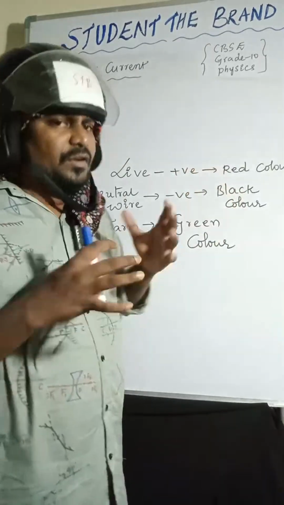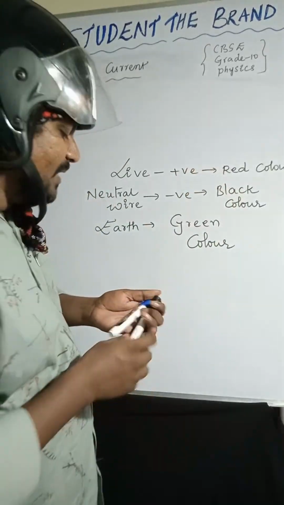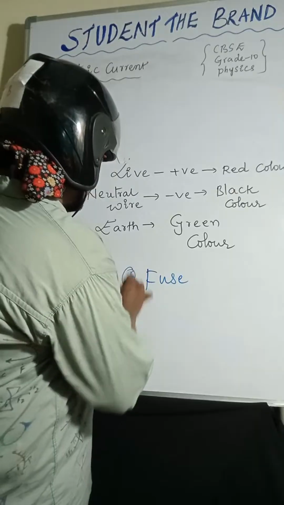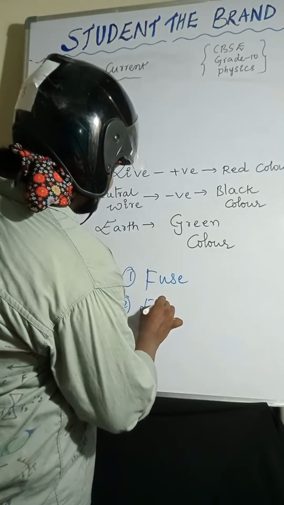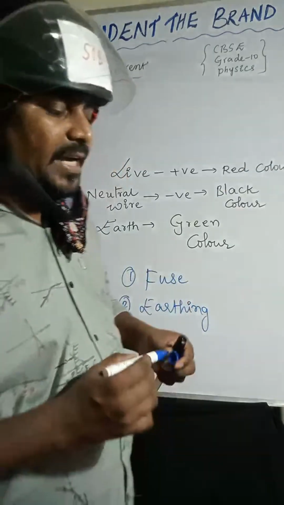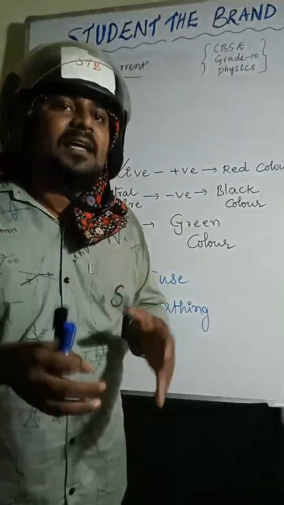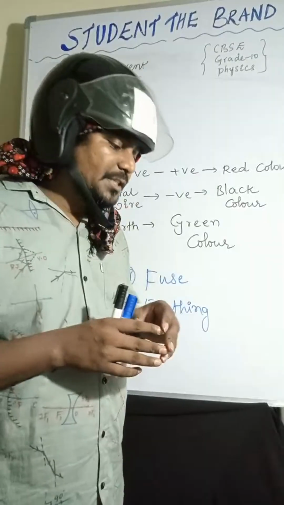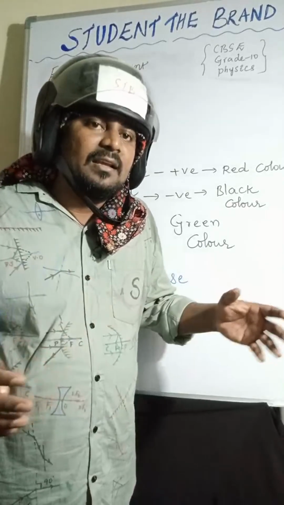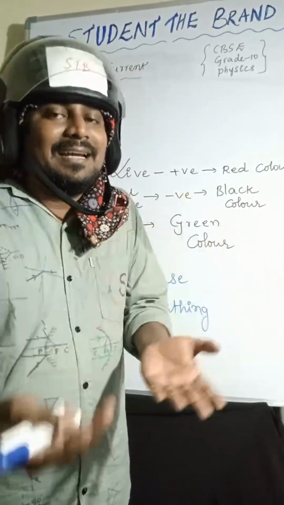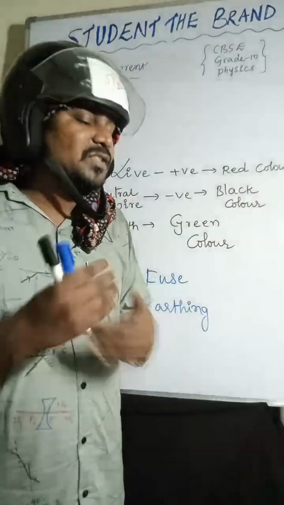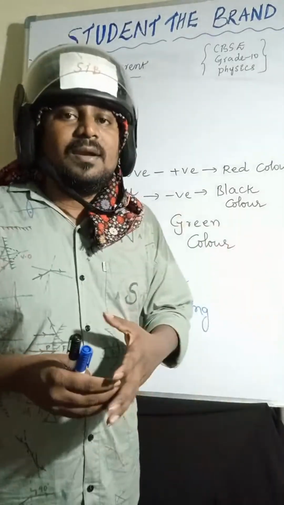So here I am taking the fuse. One more is earthing. Fuse is a device which melts and breaks the circuit when the current exceeds the required limit.